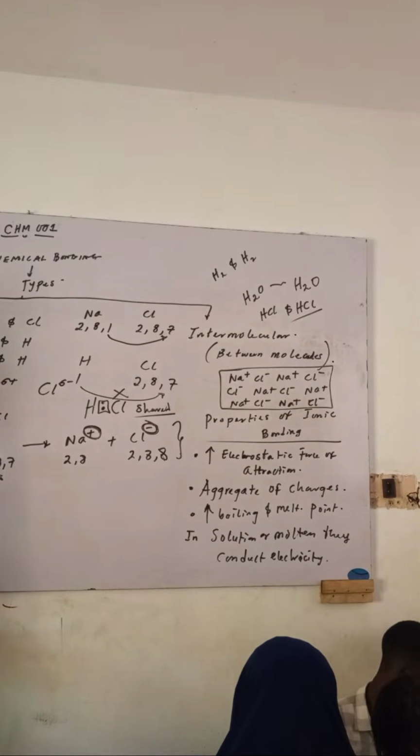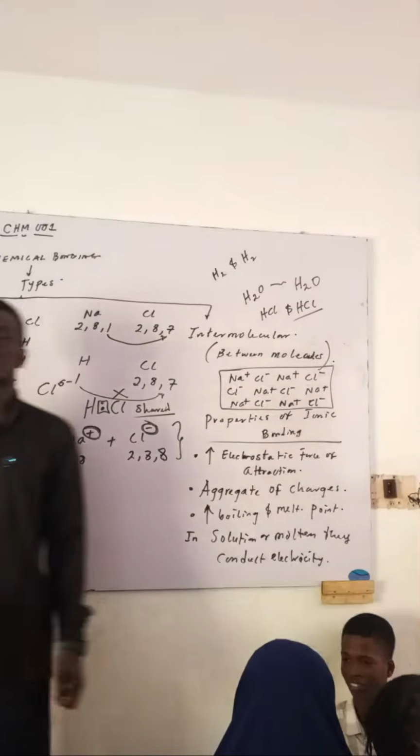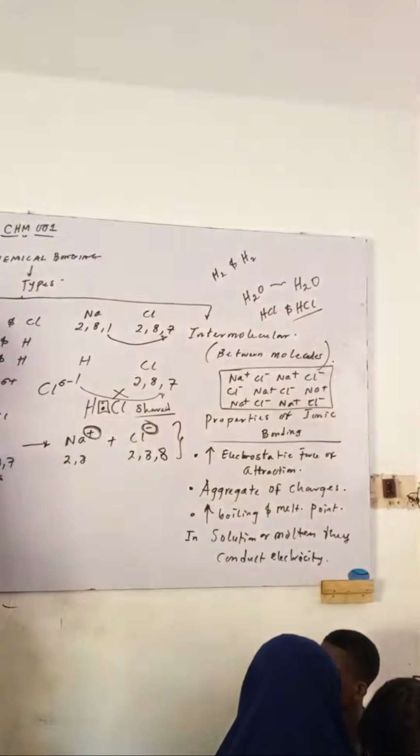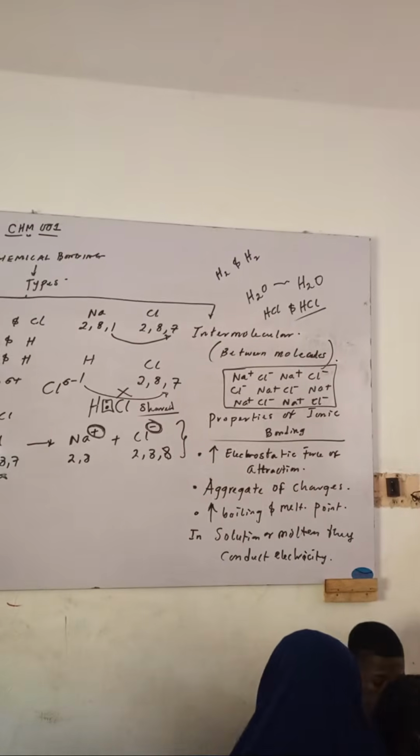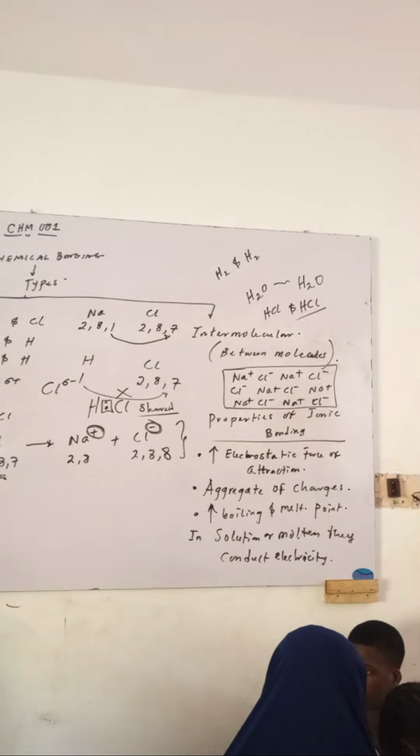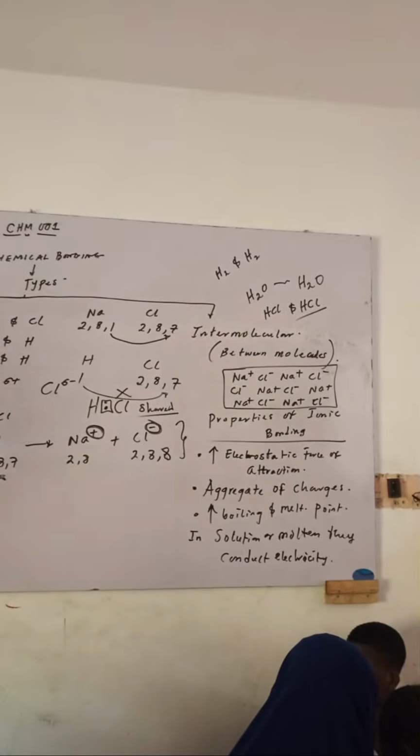Now, let me ask you this. They give you this configuration and ask what is the combining power and what is the likely formula. This is how you will do it.